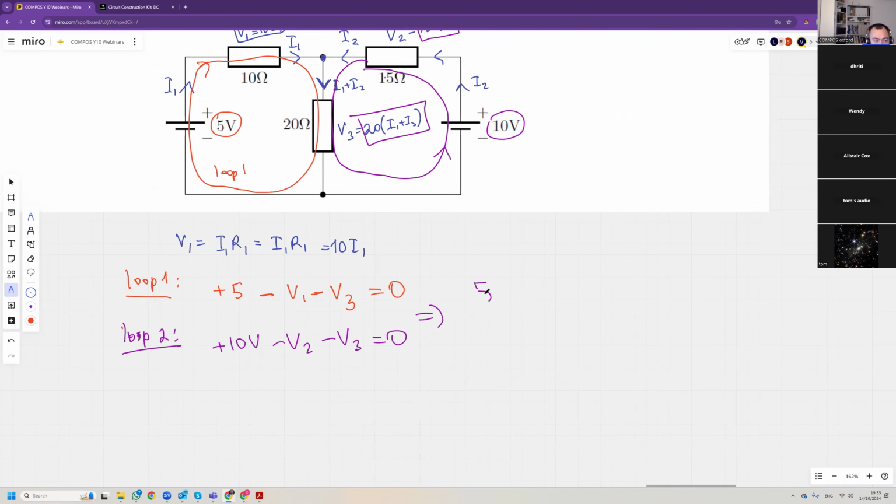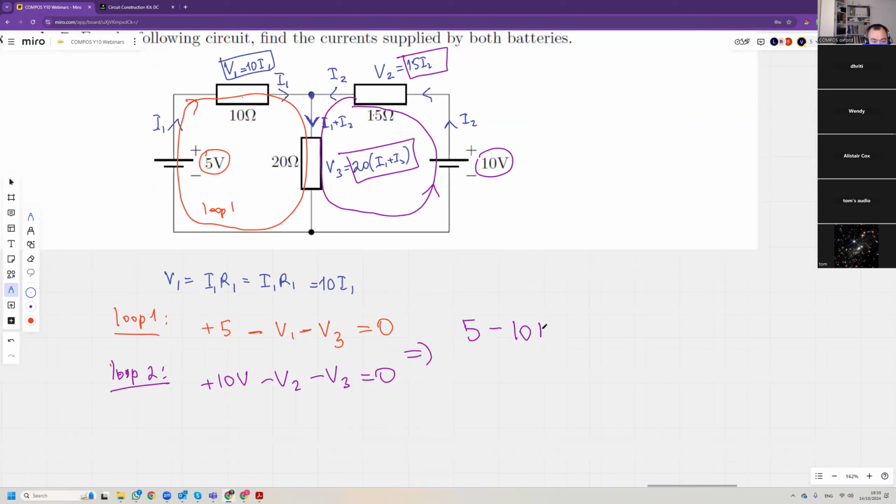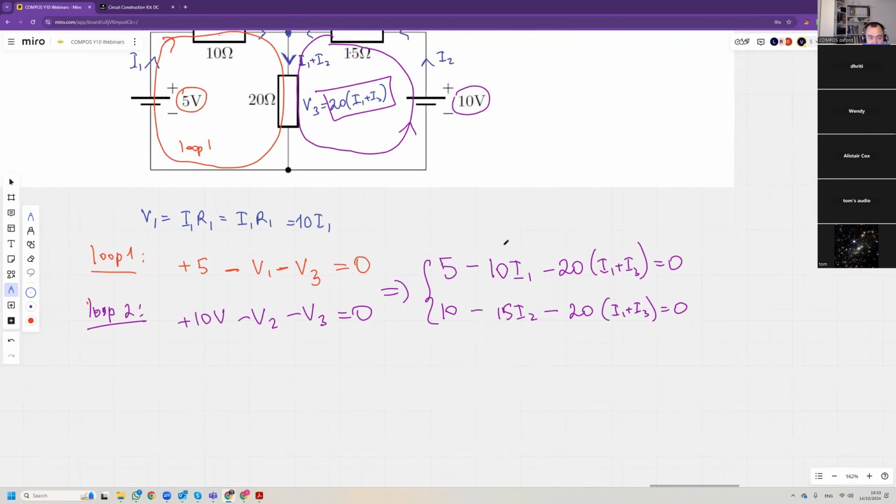So we have 5 minus 10 I1 minus 20 (I1 plus I2) equals 0. And then we have 10 minus 15 I2 minus 20 (I1 plus I2) equals 0.